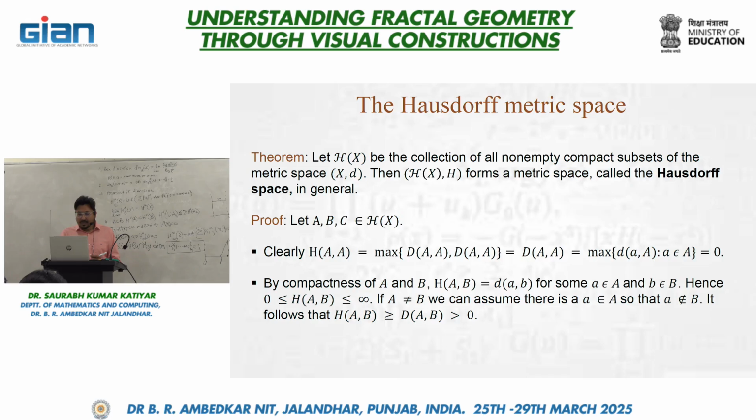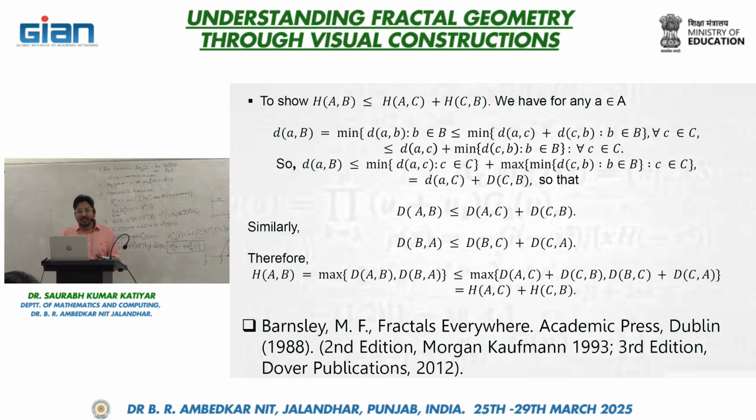And if A is not equal to B, we can assume there is a belonging to capital A such that a does not belong to capital B. It follows that h(A, B) is greater than or equal to d(a, B), and that will be greater than 0.